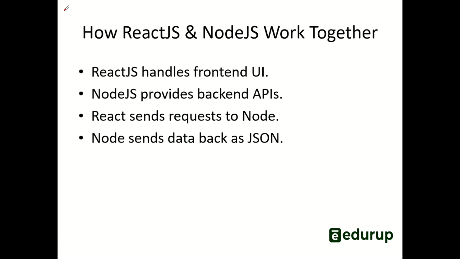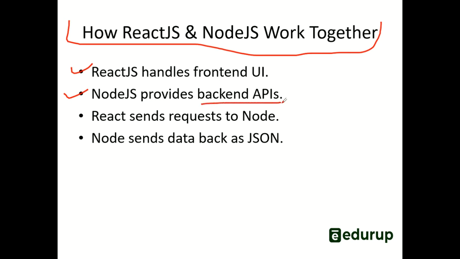Next, how do ReactJS and Node.js work together? They work together very nicely. ReactJS handles the front-end UI. Node.js provides backend APIs. React sends a request to Node, and Node sends the data back in JSON format, which is also the format used with the database.